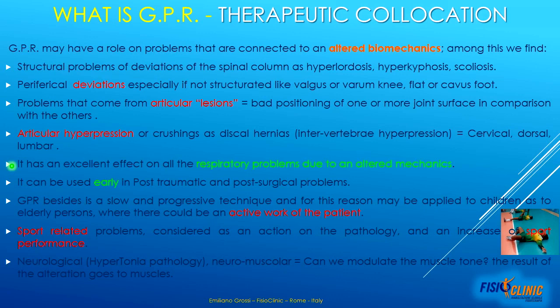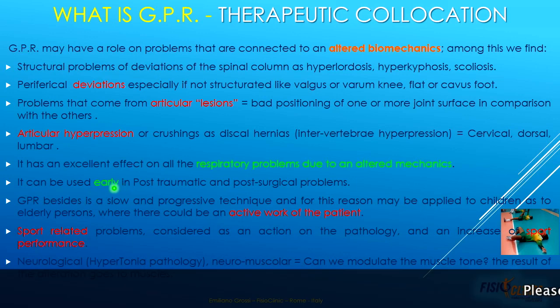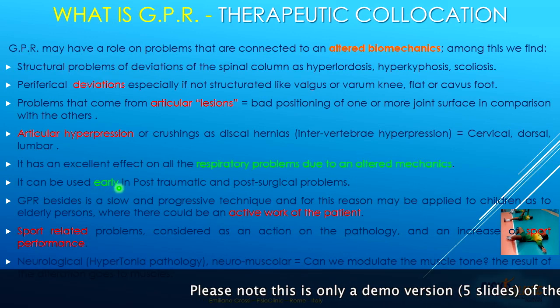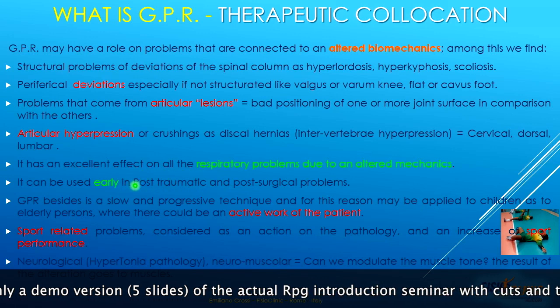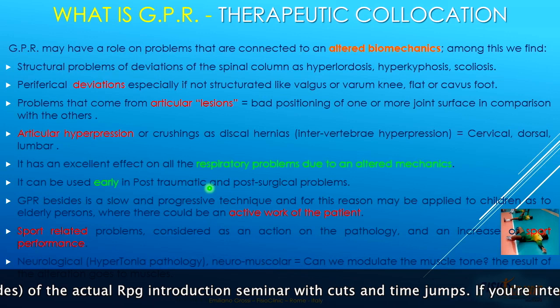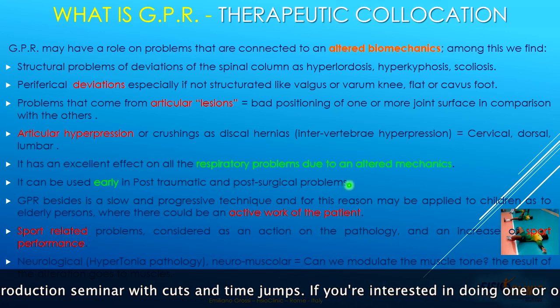And one of the best qualities of RPG is that it can be used very early in post-traumatic and post-surgical problems. So we can treat acute problems, which gives us the possibility to treat patients without having to wait days or weeks, for example in bed, for the anti-inflammatory or cortisone to have effect.